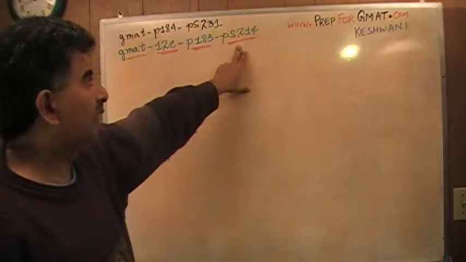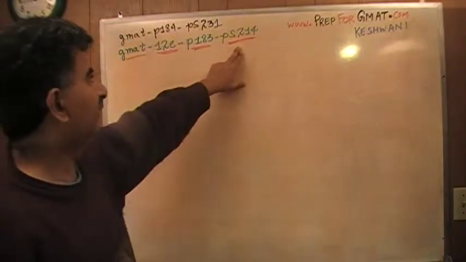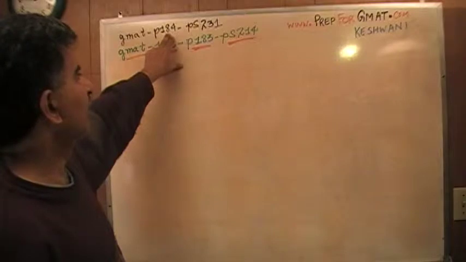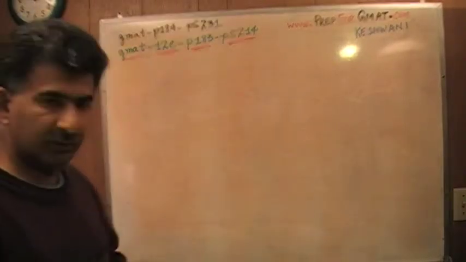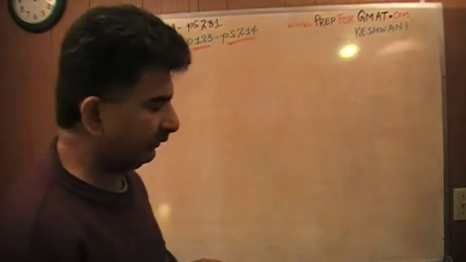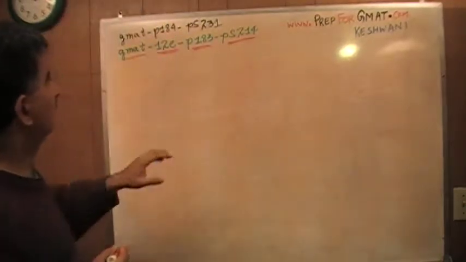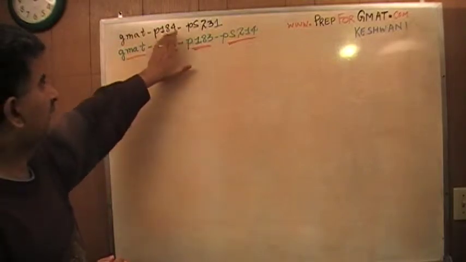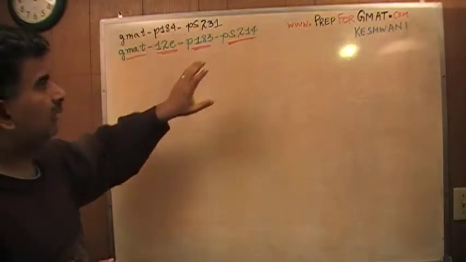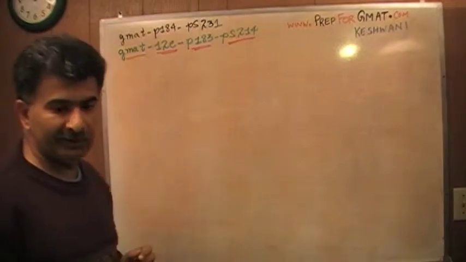It's the exact same problem. Problem solving 214 in the 12th edition is the exact same problem as this one over here on page 184, problem solving 231. They have made some changes between the two editions, as you can clearly see. Some might go as far as to say disturbing changes, because the problem appeared here on page 184. Here it happens to appear on page number 183.